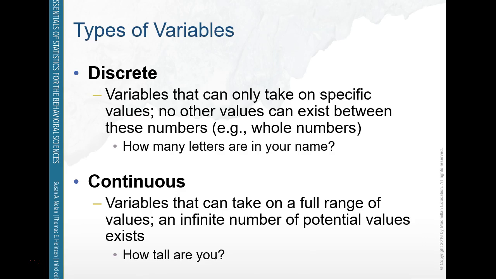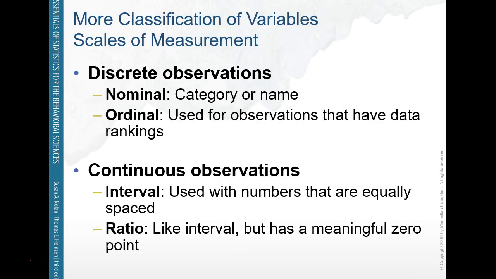There's no fractions, there's no decimals possible. Continuous variables are variables that can take on a full range of values. There's an infinite number of potential values that exist. How tall are you? You're 5 feet, you're 5 feet 1 inch, or you're 5 feet 1.1 inches, or 5 feet 1.12 inches, right? There can be decimals and fractions, and those would be continuous variables.